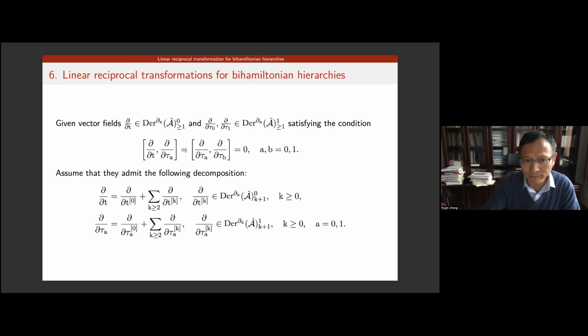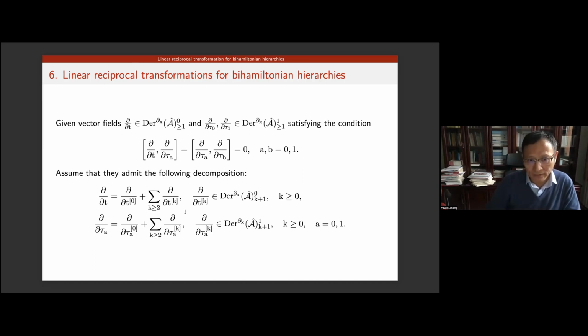We require that these brackets are 0, which is the Hamiltonian structure condition, and that this vector field is a bihamiltonian vector field, which means that this Schouten bracket is 0. We also require that these structures have a hydrodynamic limit, that means they can be decomposed by using the differential degrees.